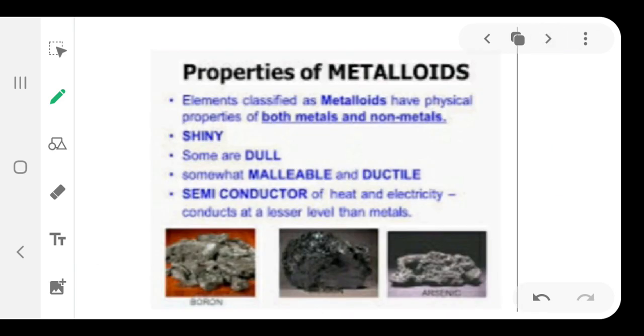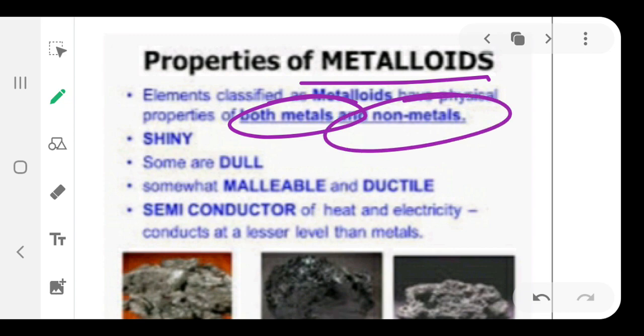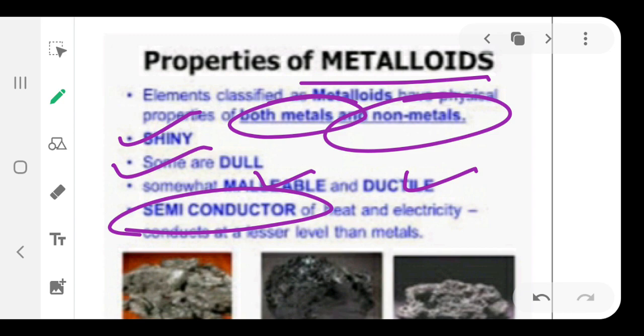Now let us go further. As I have told you, the third part of the differentiation of elements was metalloids. Metalloids have, as the name states, properties of both metals and non-metals. They are elements which have the physical properties of both. Some of them are very shiny, some are dull, some are malleable and ductile, and there is a new word, semiconductor.